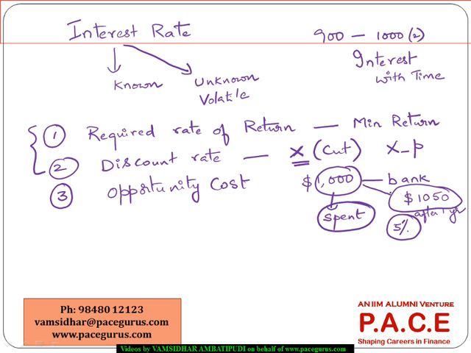I have lost the opportunity of increasing my money by 5%, and that is what we are calling the interest rate. So interest rate could be defined in terms of opportunity cost, whatever is the value that the investor is going to forego because of the action that has been taken.